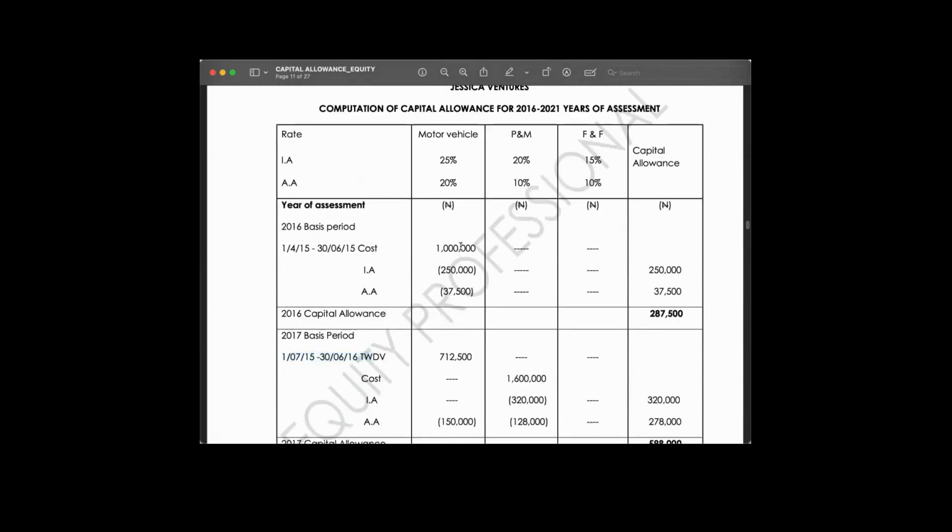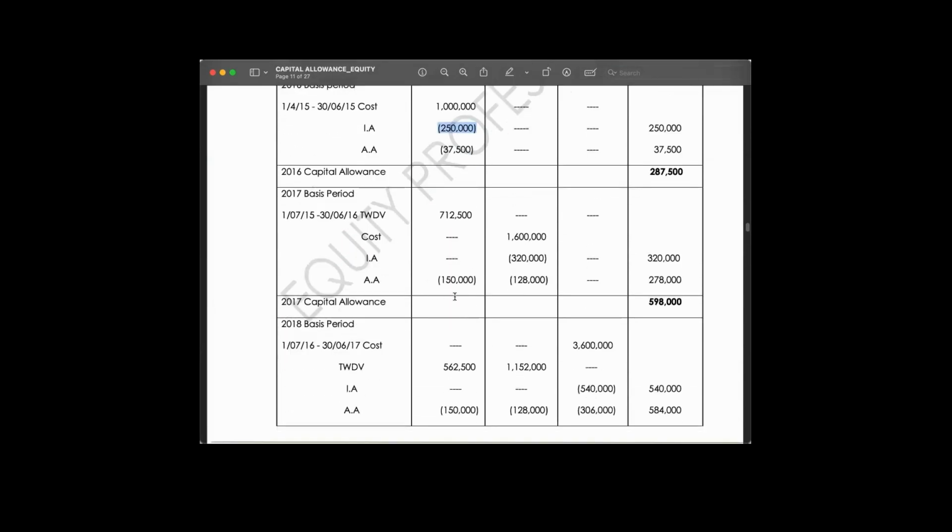I'll say 1 million minus 250,000. I will have 750,000. 750,000 divided by 5. I will have 150,000. That's what I will remove from there. Do you have any question on that? Please come again.